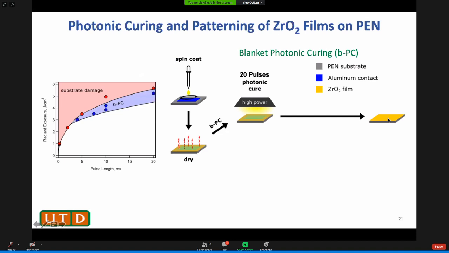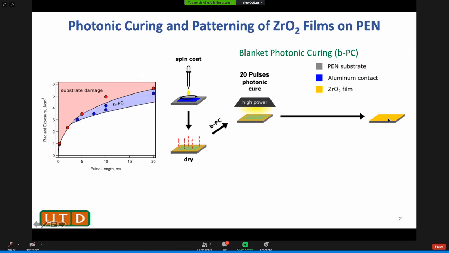So we mapped these, and let me show you the self-aligned photonic curing. Okay. So by blanket conversion, this is zirconium oxide everywhere.